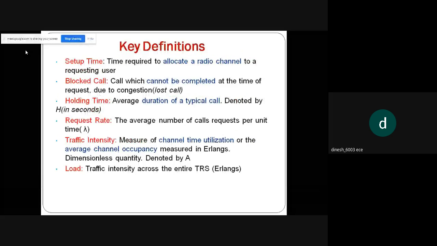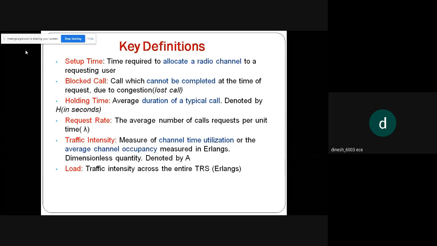So some of the key definitions which you need to know during this trunking is setup time. Setup time is the time required to allocate a radio channel to a requesting user. When a call is being made, the mobile will send a request to the base station to connect a call.